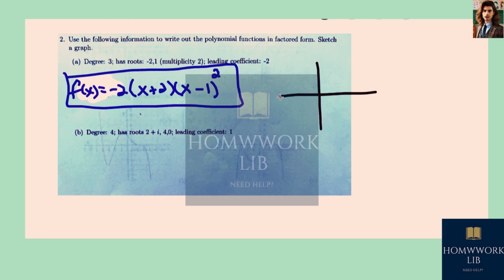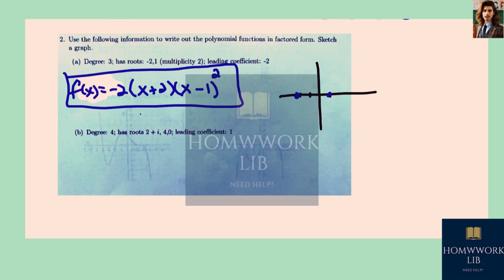If we were to make a sketch of this, it would be degree 3 with a negative leading coefficient, and we'd have zeros at -2 and at +1.